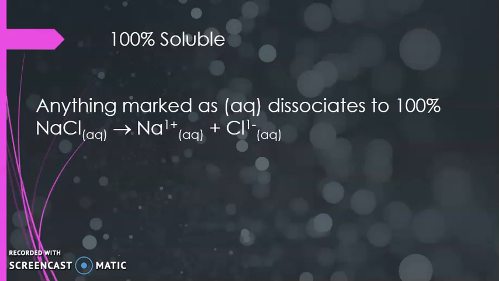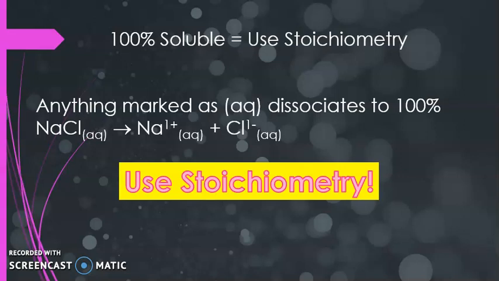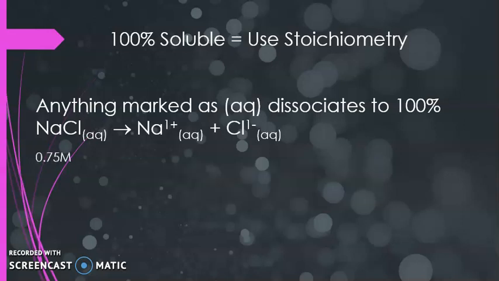First, let's focus on the 100% soluble solutions. Again, anything that's marked as being aq is 100% soluble. We use a single-headed arrow, and that implies that I'm able to use stoichiometry. Thank goodness, that's something I can wrap my head around. So if I'm told that I make a solution that's 0.75 molar in NaCl, what that implies is that 100% of that 0.75 molar solution is going to dissociate.